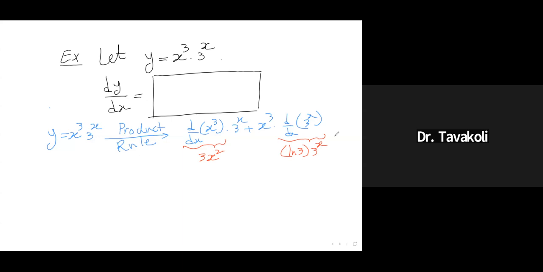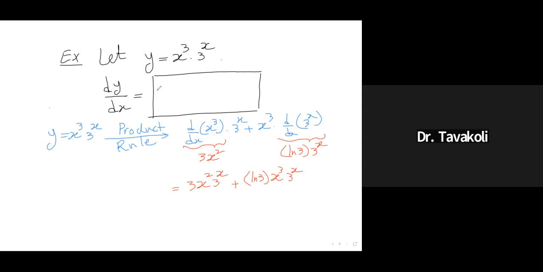So what's the final answer? The final answer, 3x squared times 3 to the power of x plus the product of x cubed, ln of 3 and 3 to the power of x. Since ln of 3 is a constant, it's better to be written first. Ln of 3 x cubed 3 to the power of x.